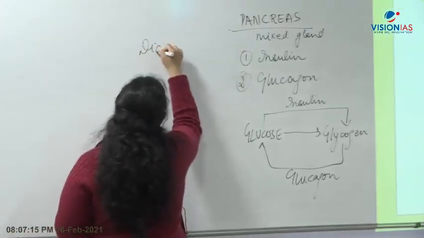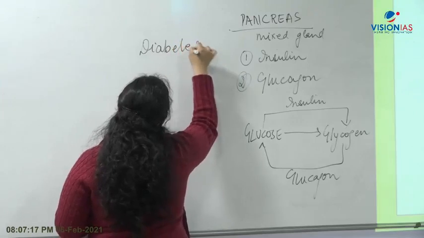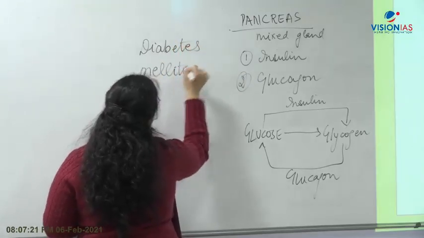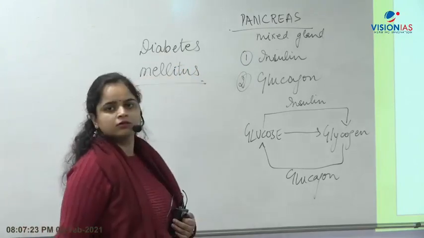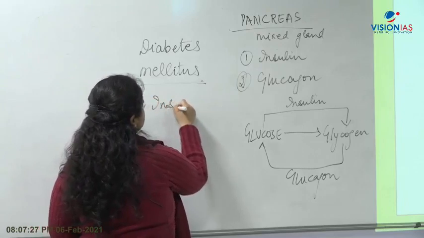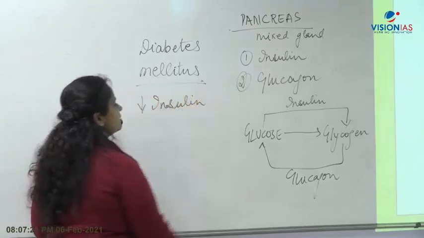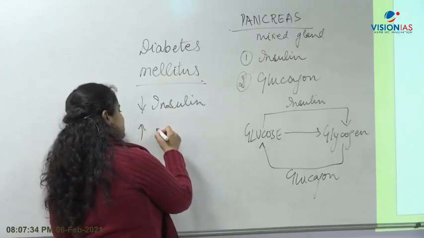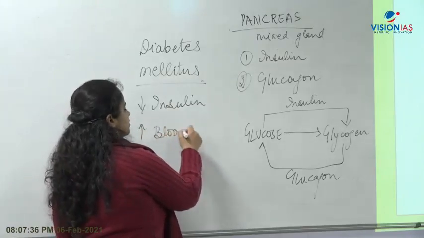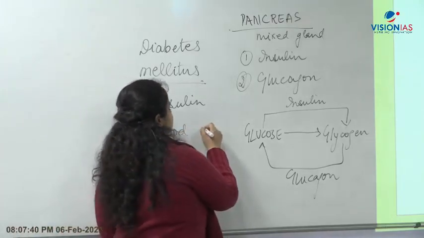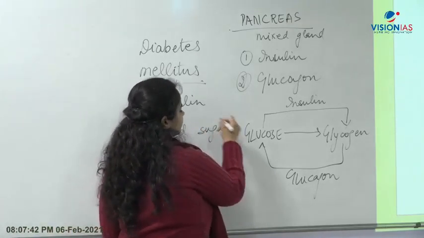And the disease which we very commonly know is diabetes mellitus. So what is happening in diabetes mellitus? We have a reduced amount of insulin in the blood, right? That leads to increased amount of blood glucose. It is blood glucose only, but the common term which is being used is blood sugar.